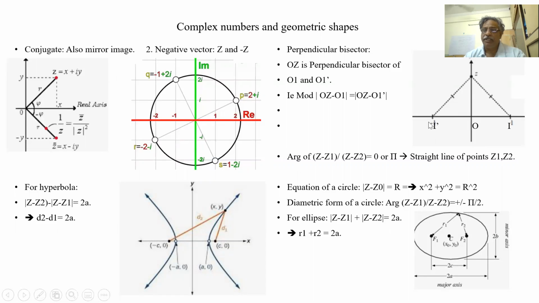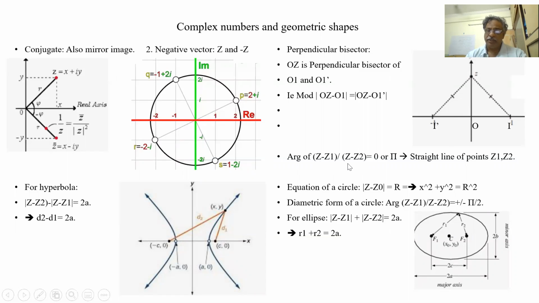So mod of Z minus I is equal to mod of Z minus I dash. This is my mod equation. When I put this equation, I get the locus of points which are equidistant from these two points. Similarly, if I want a point which lies on the line, then whatever the argument is, the slope is the same.